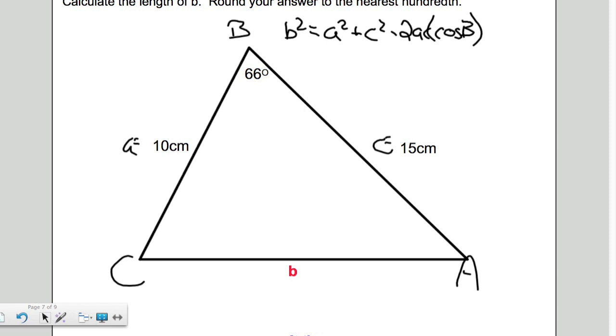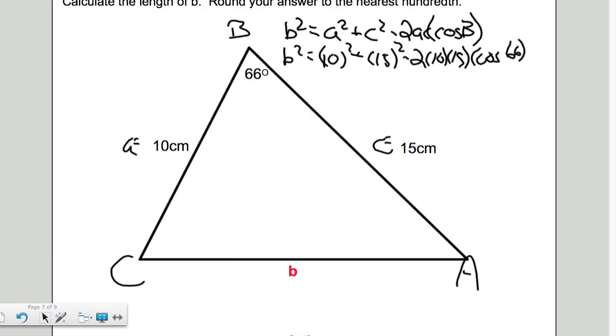So this is big B. So b squared is equal to, well, the value of a is 10, the value of c is 15, minus 2 times 10 times 15 times the cos of B, which is 66.